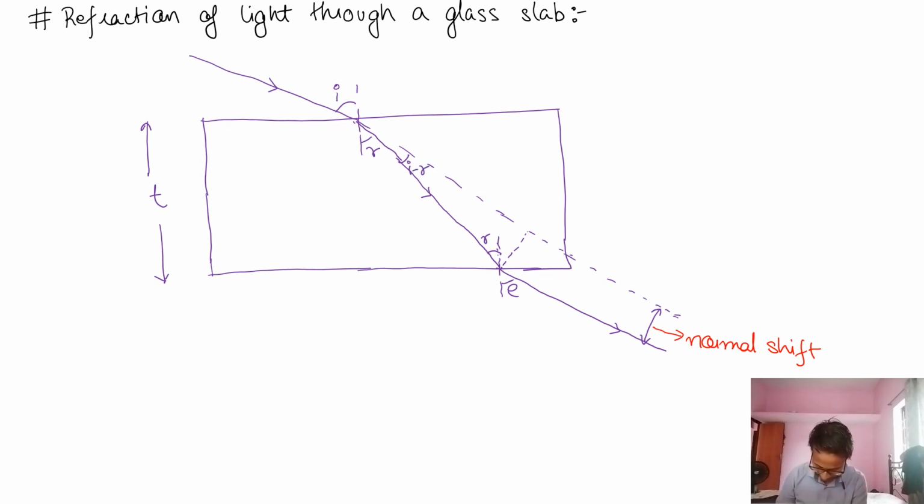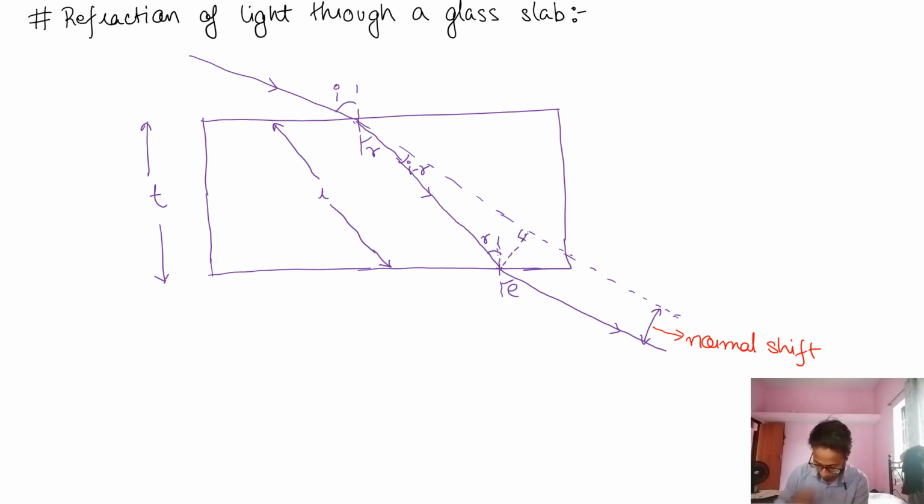Okay, now let this slanting distance be L. That means the length of this line, I'm taking as L. See, if the length of this line is L, what is the length of this line? The length of this line is nothing but L sine of I minus R, because L cos of I minus R would be this angle, and this angle is 90.